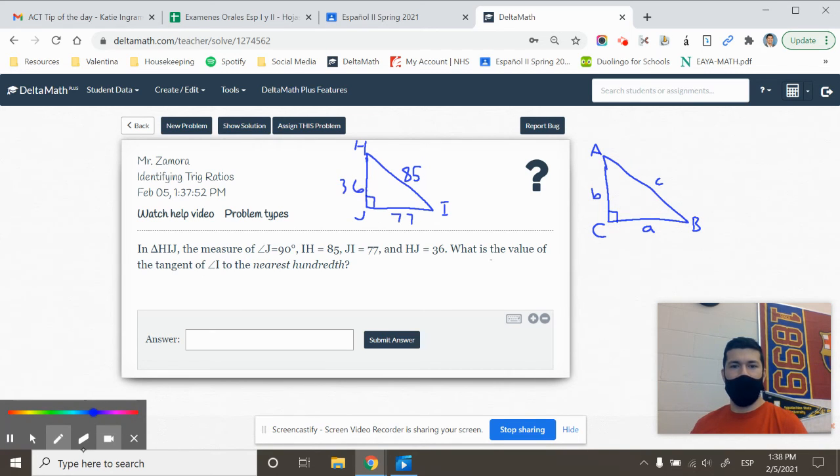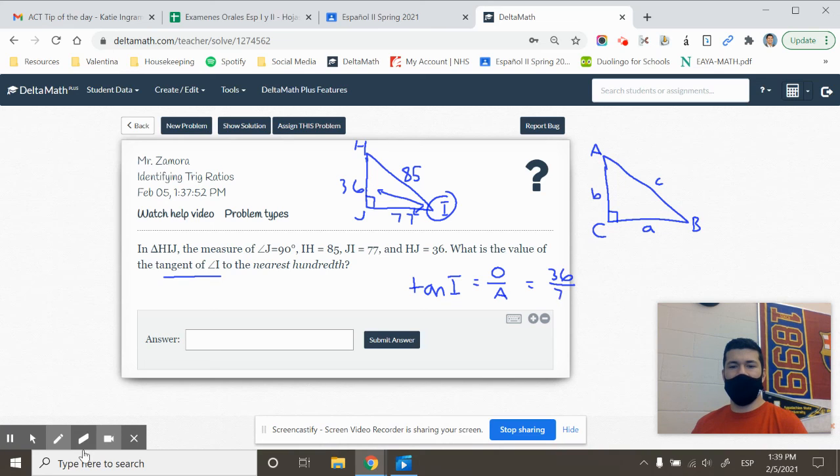What's the value of the tangent of I? I'm going to locate my spot I, and tangent we learned, TOA, is the opposite side divided by the adjacent side. So the tangent of I is going to be the opposite side, which is 36, divided by the adjacent side, the side right beside it, but not the hypotenuse, which is 77.